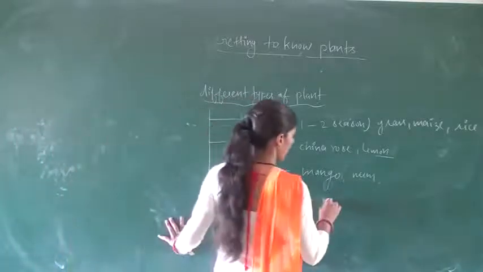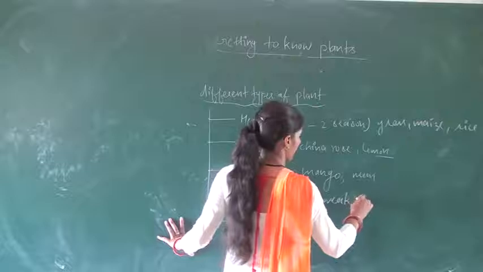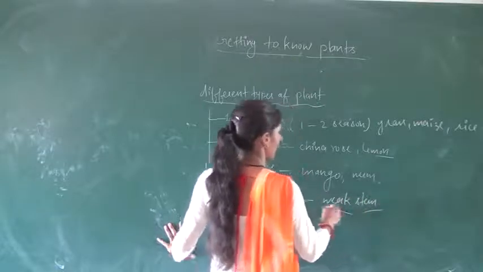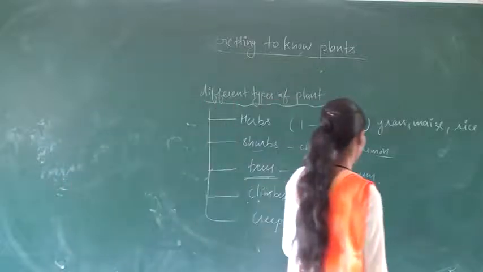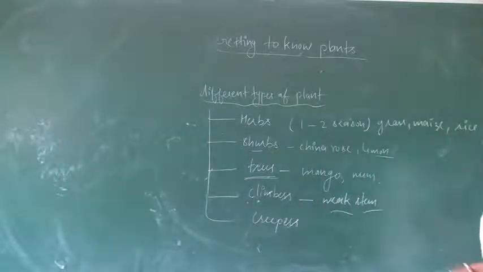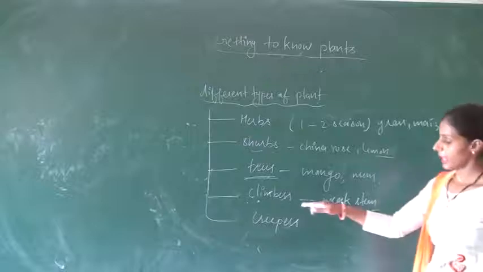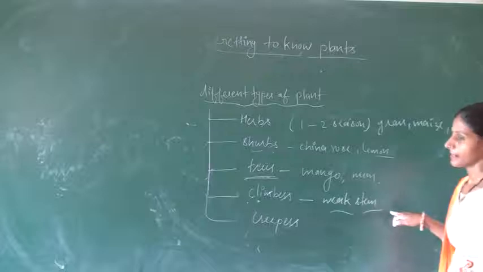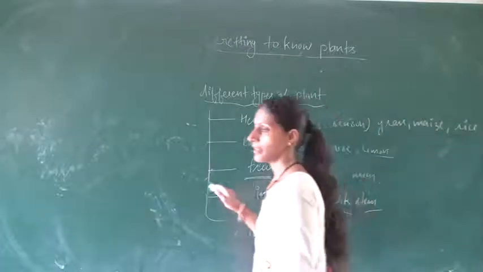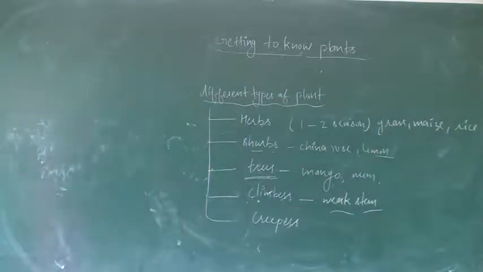After that, climbers and creepers. Climbers have a weak stem, but they climb up with the help of a wall or another plant.